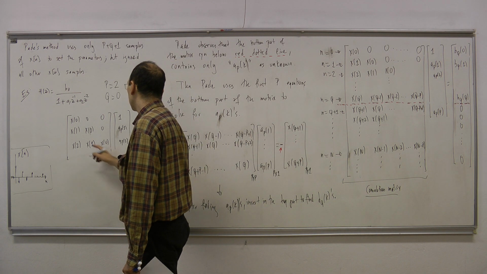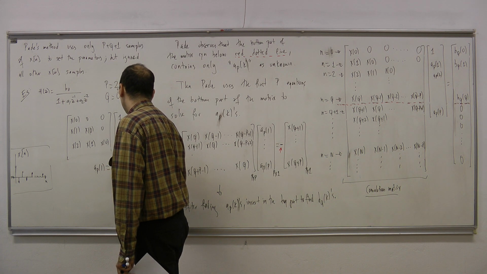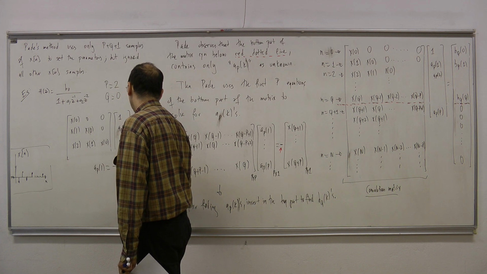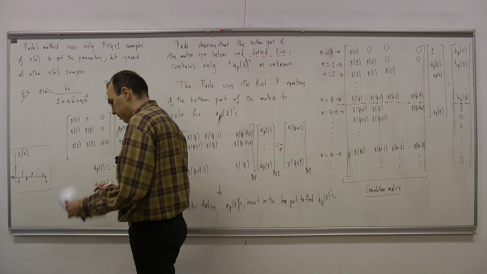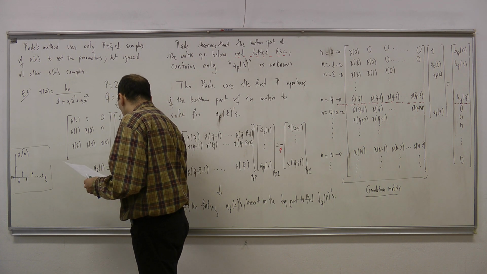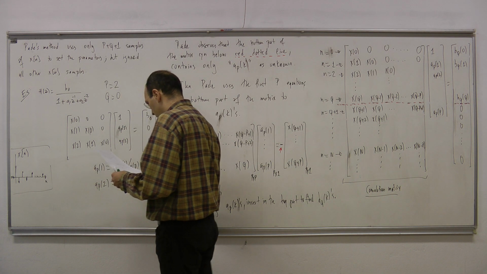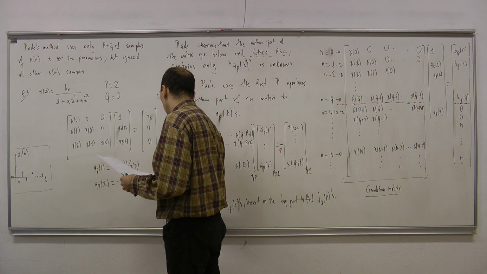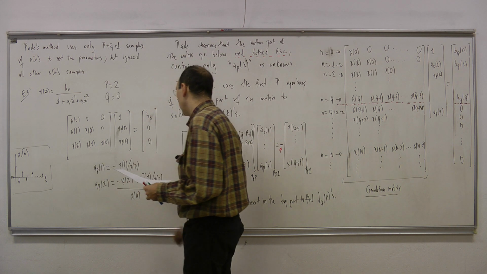Well, the solution is, if you move this to the other side, AP of 1 is minus x1 over x0. AP of 2 is, let me write this, minus x2 plus x1 AP of 1 divided by x0.